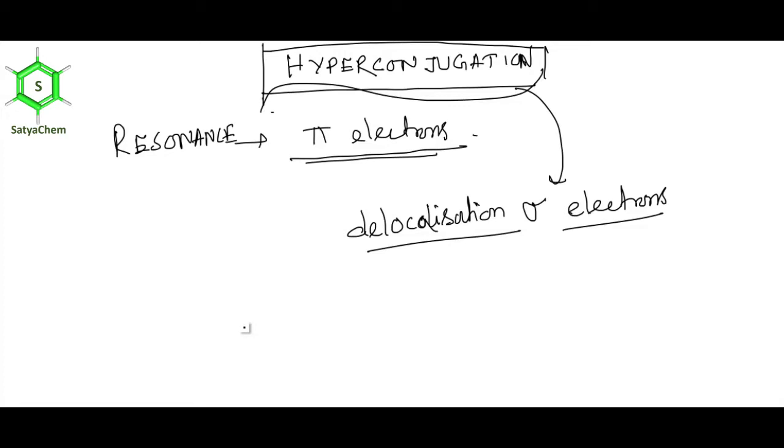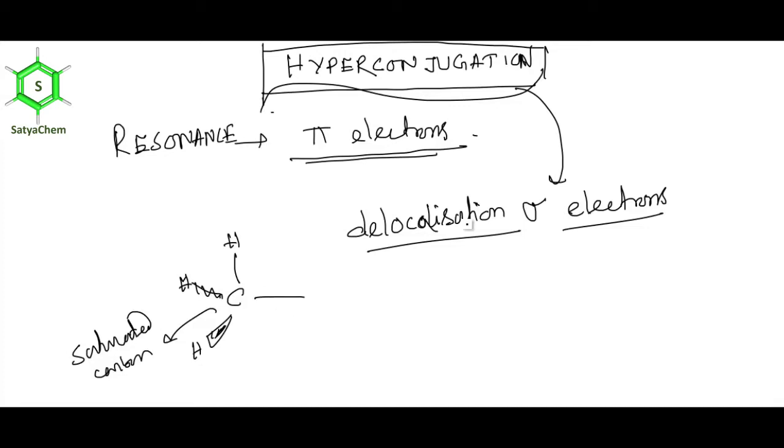Hyperconjugation will take place when a saturated carbon containing CH bonds is attached to another unsaturated system that possesses either a vacant or half-filled p or pi orbital. See, this is the saturated carbon. It contains CH bonds. So this is the unsaturated carbon.